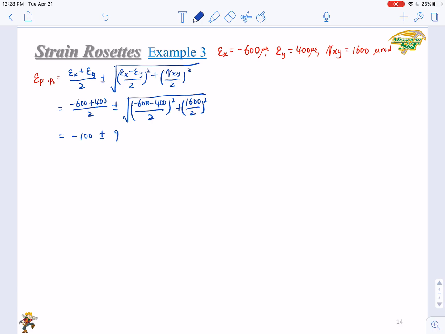Here is 943. So you will get these two principal strain values, positive 843 microstrain or negative 1043 microstrain. So these are the two principal strain values.